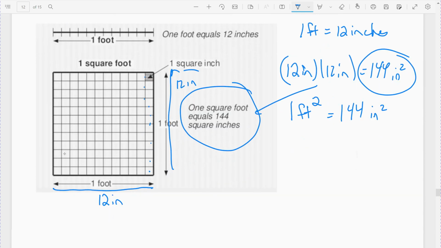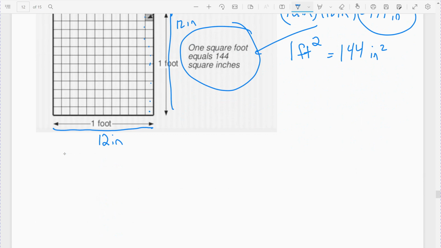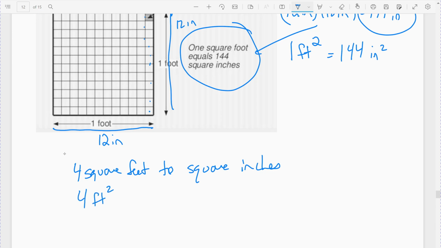All right, and if we wanted to convert, suppose I wanted to convert 4 square feet to square inches. Remember, square feet means I have two sides.